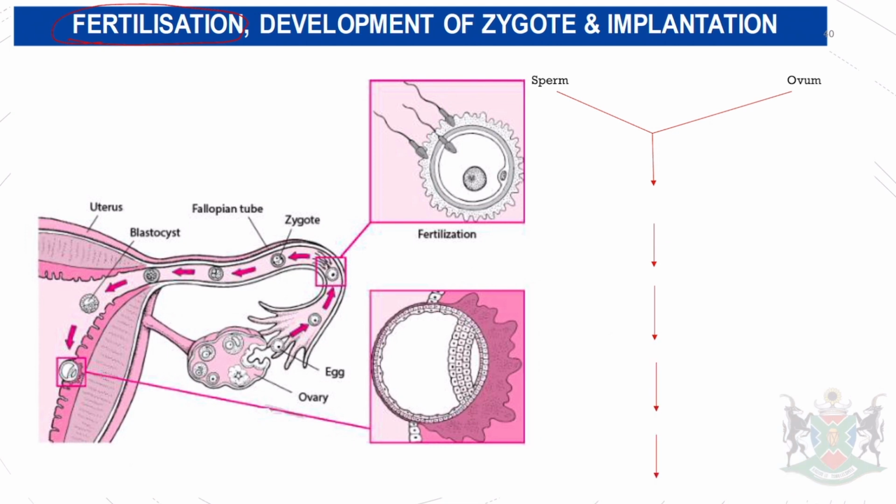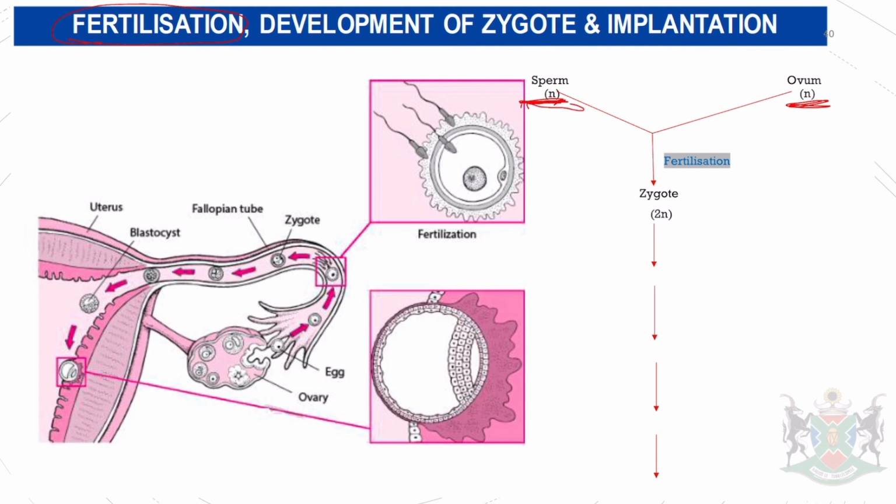Fertilization is when a diploid sperm fertilizes a diploid ovum to form... not diploid, I made a huge mistake there.